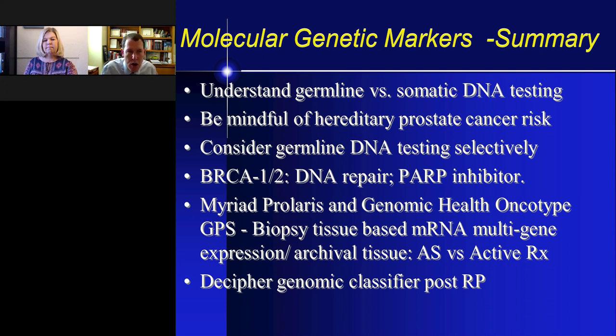You could argue that all those men should be offered testing, but particularly if that man with metastatic disease also has a family history, then it's obviously a no-brainer. As I said, at Duke we tend to offer that testing to anybody who presents to our clinic with newly diagnosed metastatic disease, where it was a first-time presentation with prostate cancer with mets.